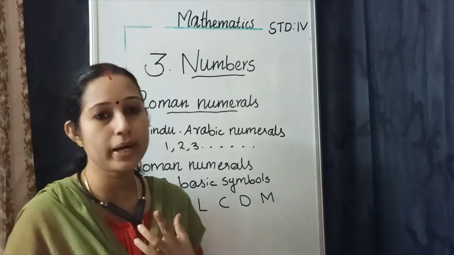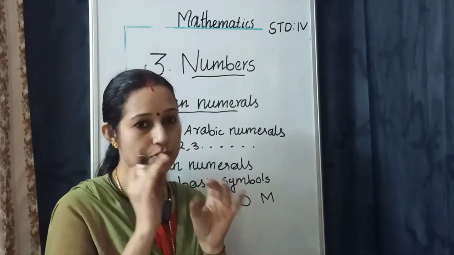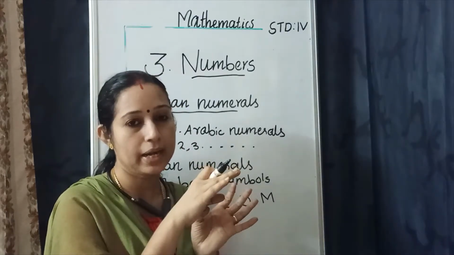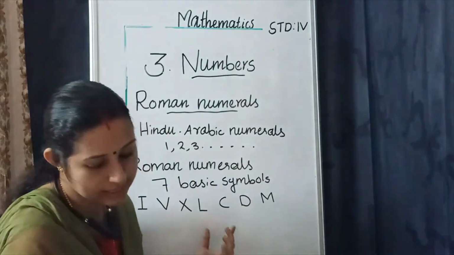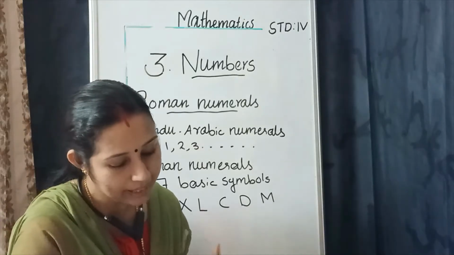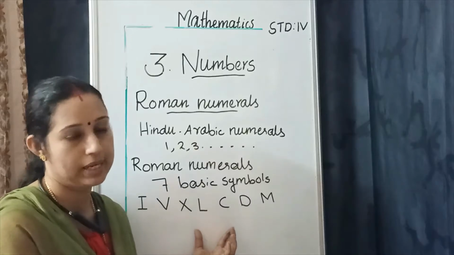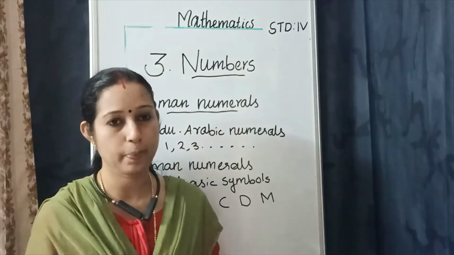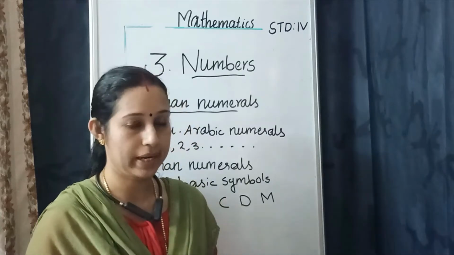In our numeral system we use the place value chart, which depends on places, that is ones place, tens place, hundreds place, thousands place, etc. But the Roman system is not based on the place value chart, and there is no symbol for 0 in Roman numerals.